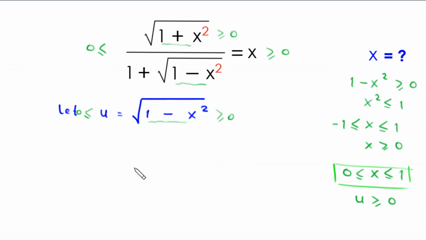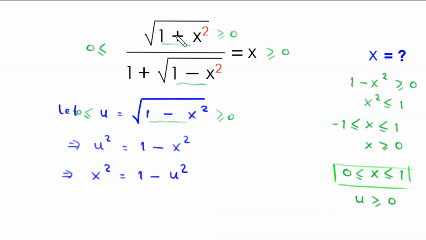If we square both sides, u squared equals 1 minus x squared. Moving x squared to the left hand side and u squared to the right hand side, x squared equals 1 minus u squared.